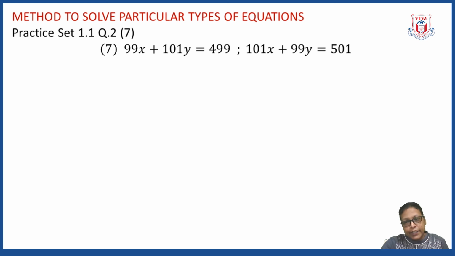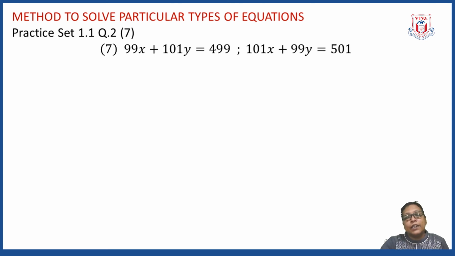What you will find is the coefficients are interchanged. The coefficient of x in the first equation is 99, but in the second equation it is the coefficient of y. Similarly, in the first equation the coefficient of y is 101, but in the second equation it is the coefficient of x. So the coefficients are interchanged here.